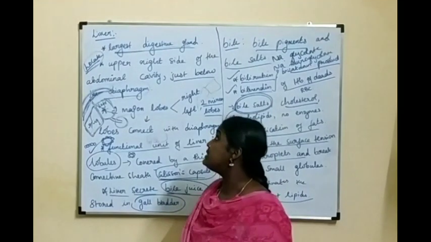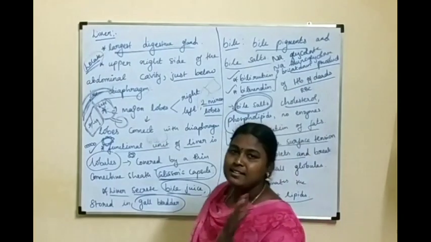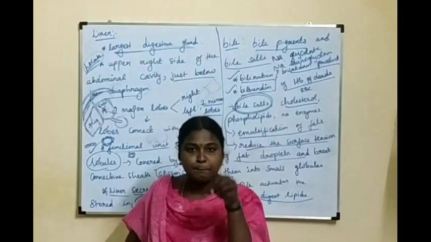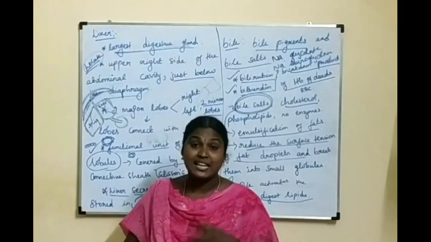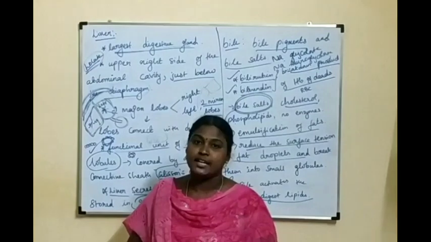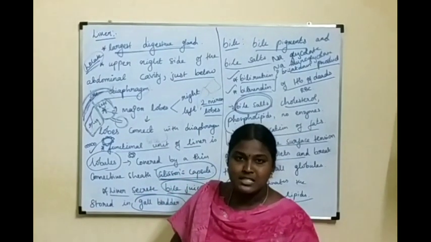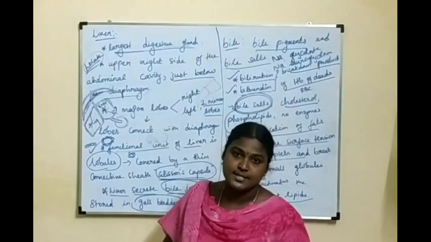Okay. Next, what is bile juice? Bile is nothing but bile pigments and bile salts. There is no enzyme. Bile juice ல என்ன கிடையாது? Enzyme கிடையாது. Because bile juice contains bile pigments and bile salts.